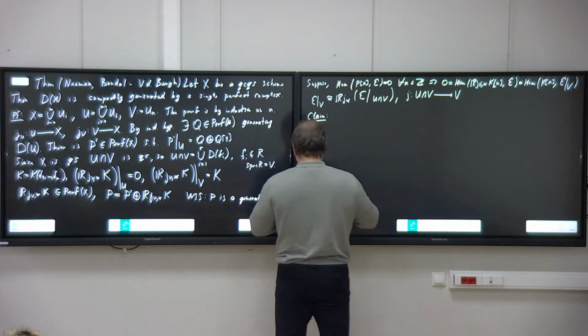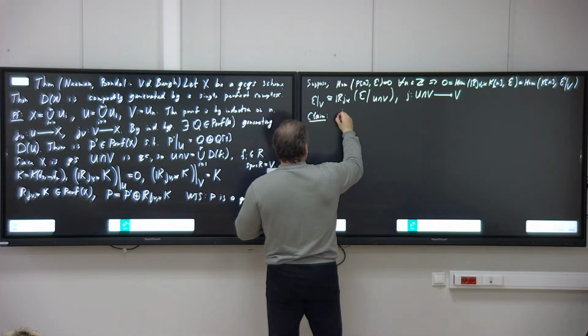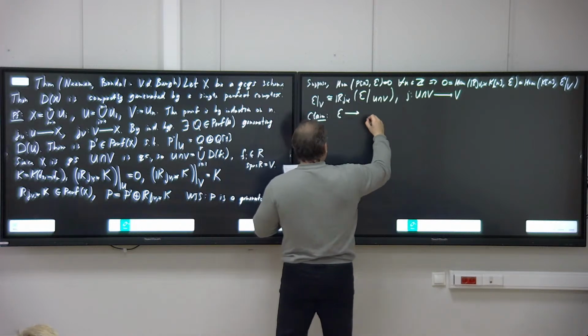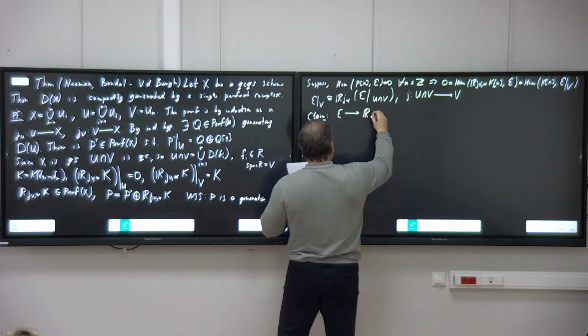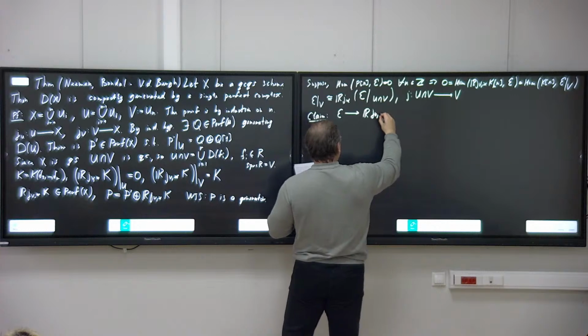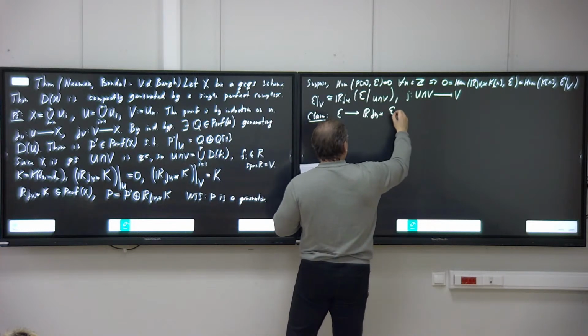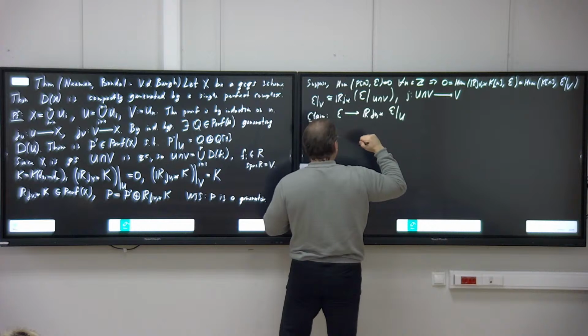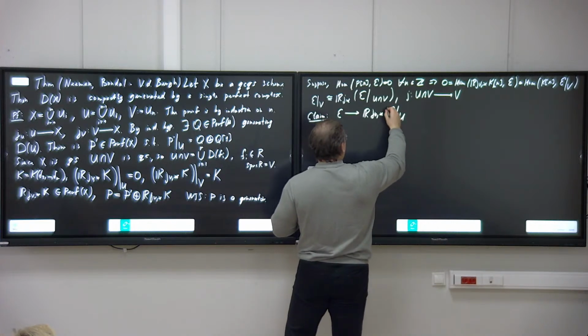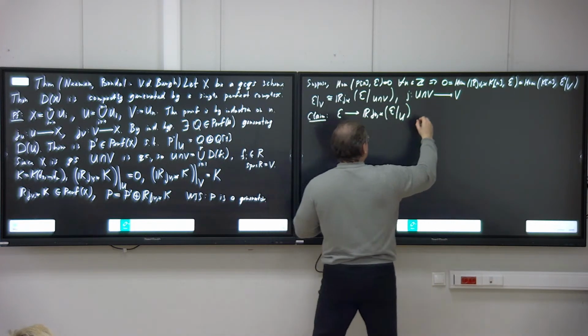So I claim that the canonical map from E to R j_U push forward of E restricted to the set U is an isomorphism.